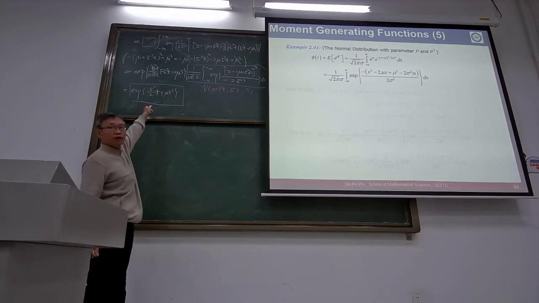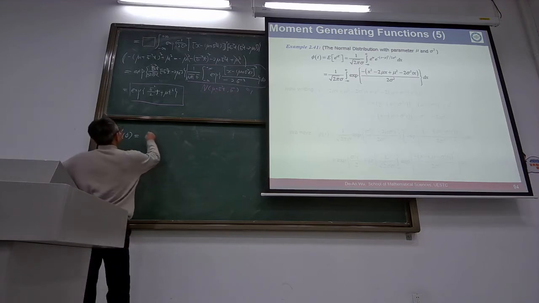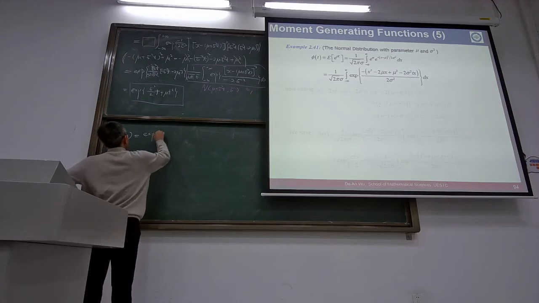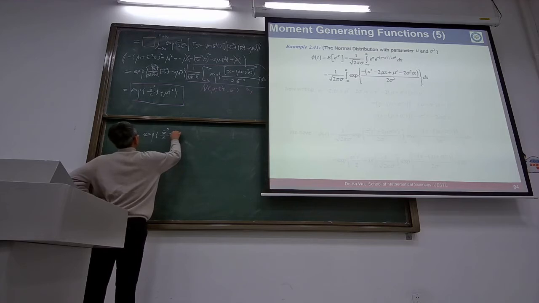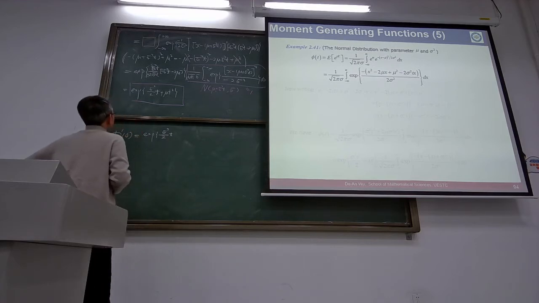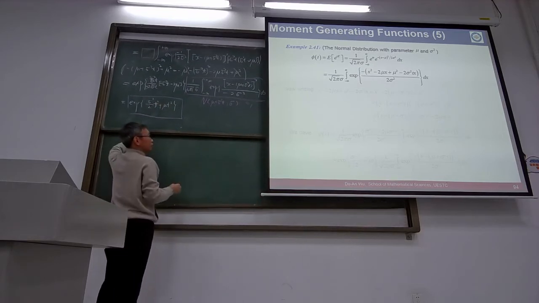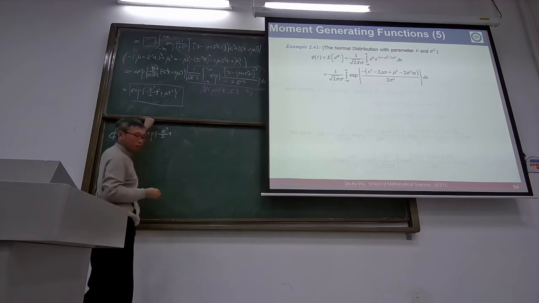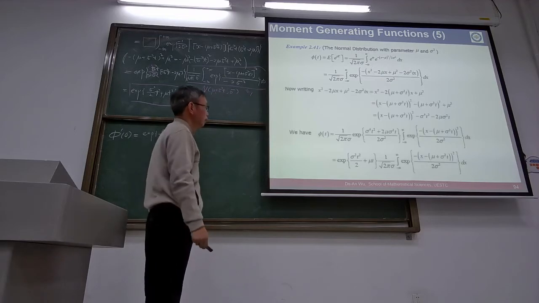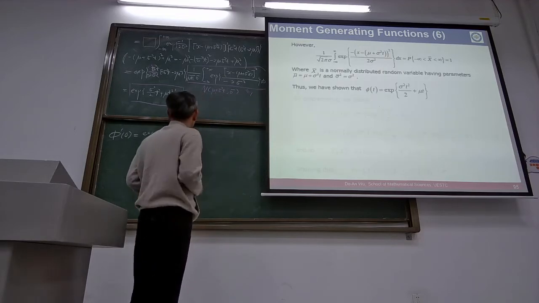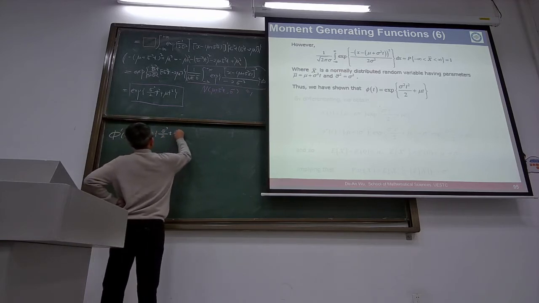Take the derivative of this moment generating function with respect to t. It just equals the expectation; we also need t squared. Our result is as on the slide. Take the derivative with respect to t.